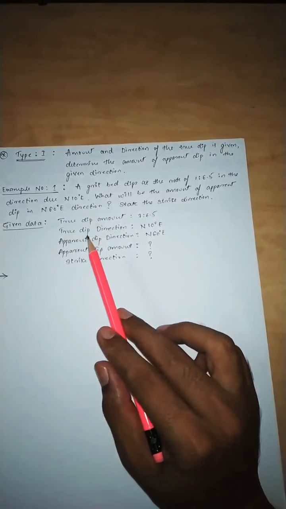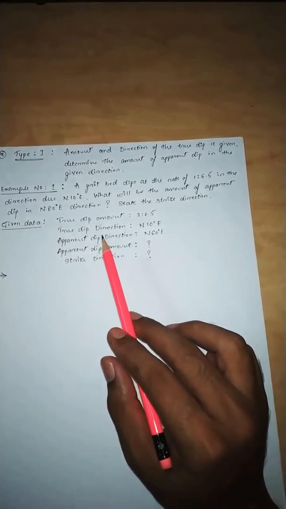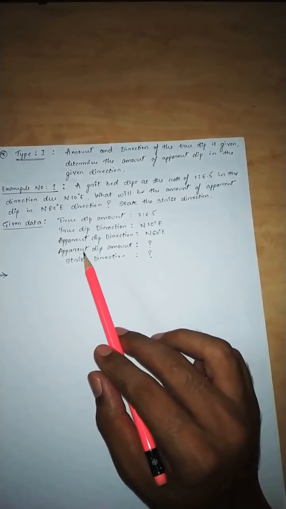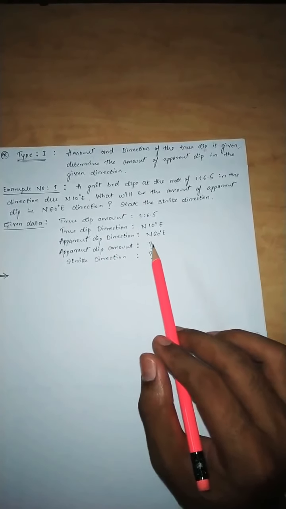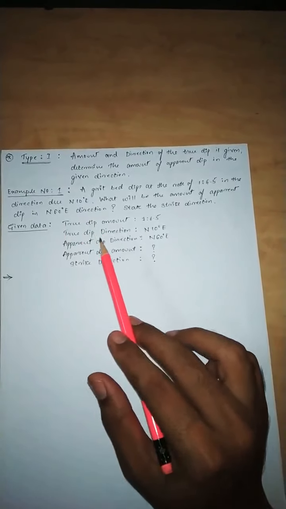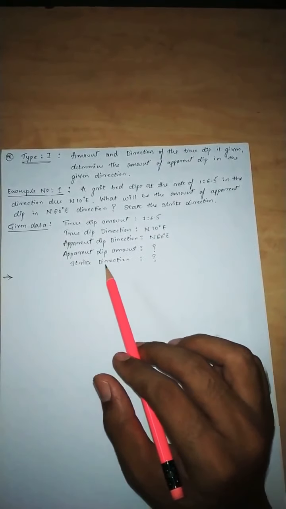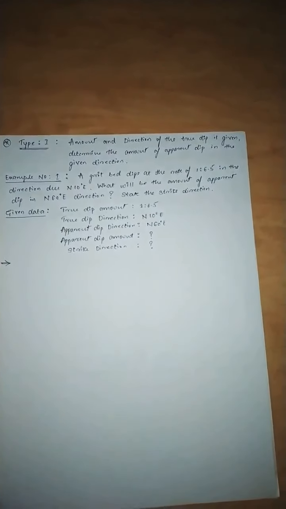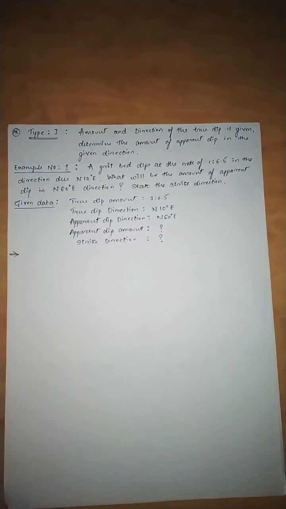Along this apparent dip direction we need to find the apparent dip amount, and the strike direction. What is the strike of this grit bed? We will see how to solve this kind of problem. This is the type 1 problem.